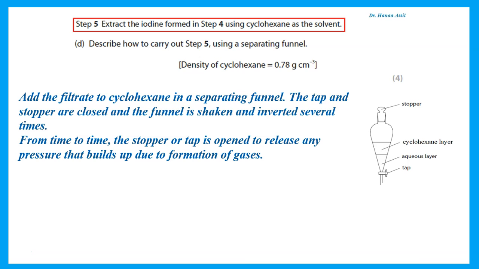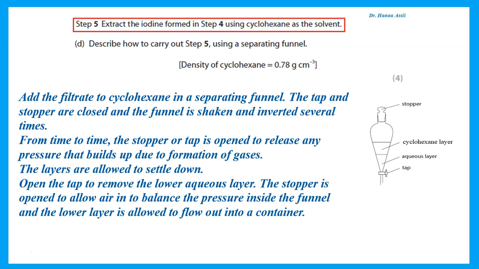Then I close the stopper, invert, and open the tap also to release pressure that builds up due to formation of gases. And then once I have shaken like this several times, I leave it so that the layers are allowed to settle down. Then open the tap to remove the lower aqueous layer. And remember, while we are removing the lower layer, that stopper should be open.